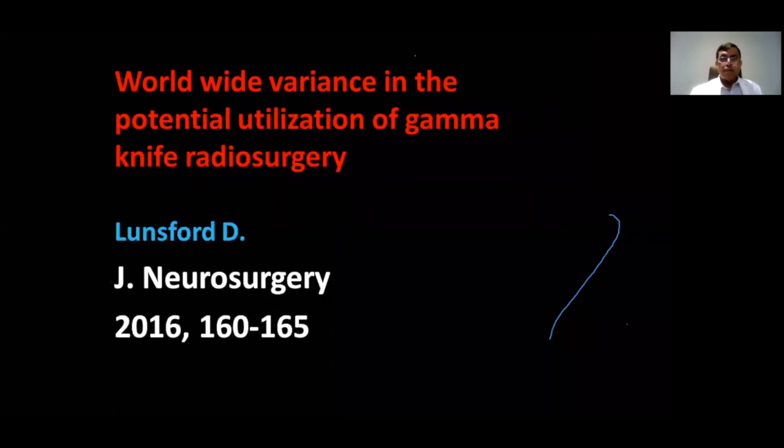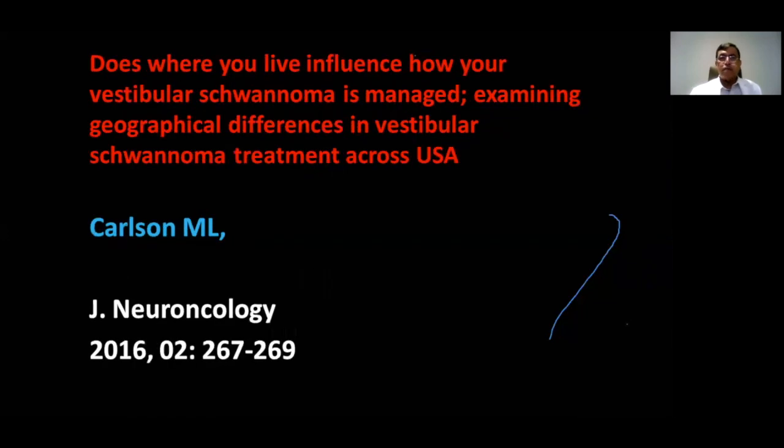And look at this paper by Lunsford from Pittsburgh, worldwide variance in the potential utilization of gamma knife radiosurgery. This is an acknowledgement of the variance of management of these cases. Look at this beautiful paper. Does where you live influence how your vestibular schwannoma is managed? Of course it does. It depends on where you live, and whether there is a gamma knife or no gamma knife, and whether the person is experienced with surgery or not.